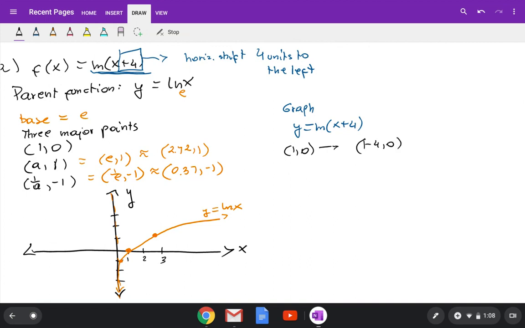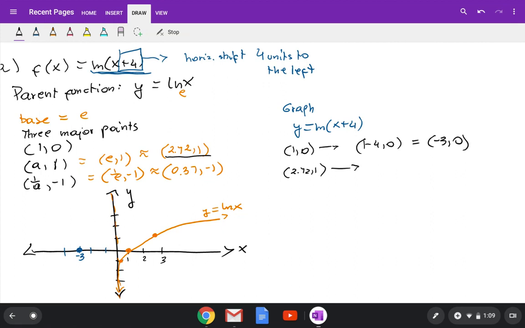Y will stay the same, so we'll have the point negative 3 comma 0. So let me find negative 3 comma 0 right here.